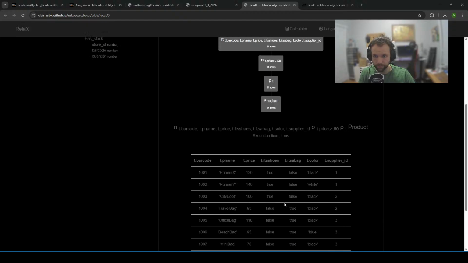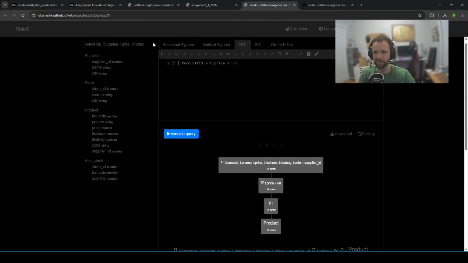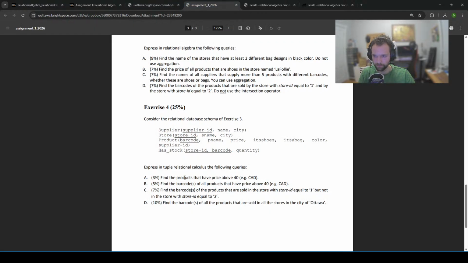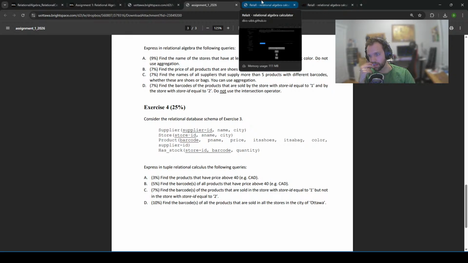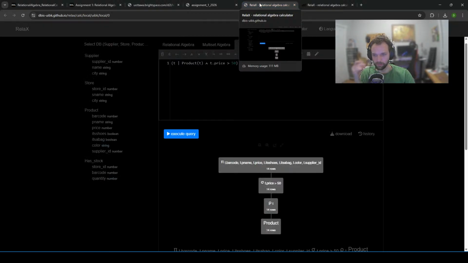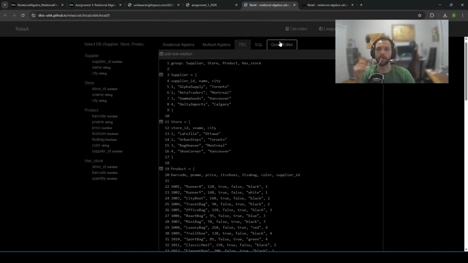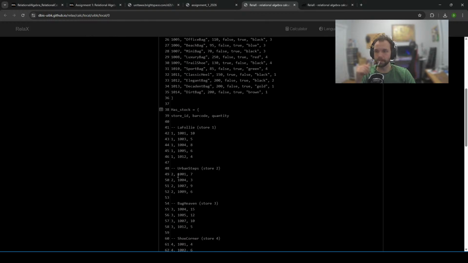14 rows. It's all greater than 50? Let's go into the group editor and make one with price below it.